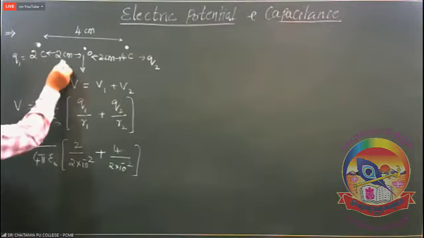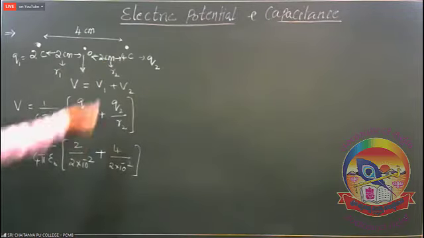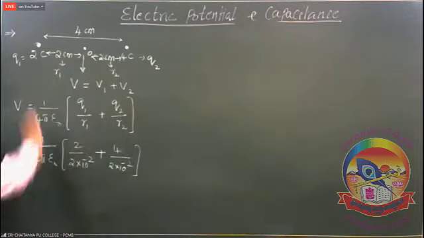From the first charge the distance is R1, and from the second charge the distance is R2.